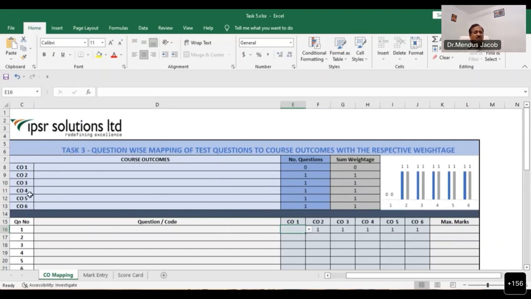For CO1, you can write your course outcomes. Even if you are not writing them, CO1, CO2, CO3 are already there.